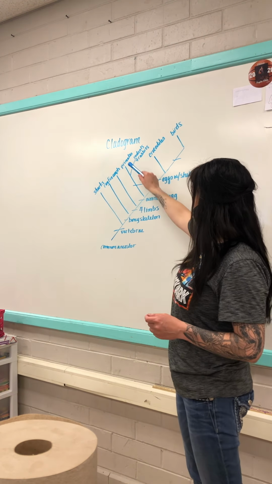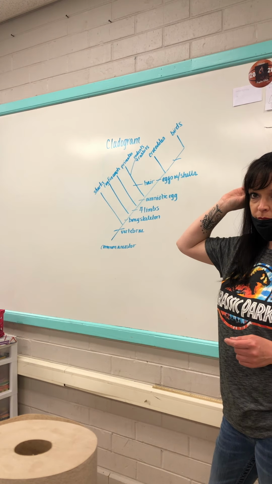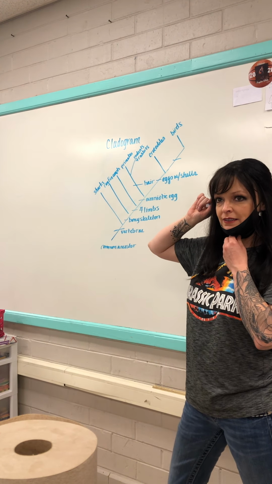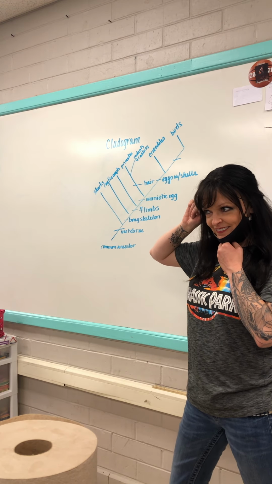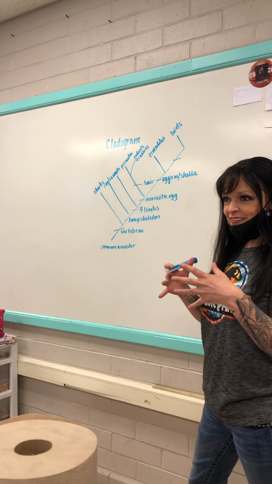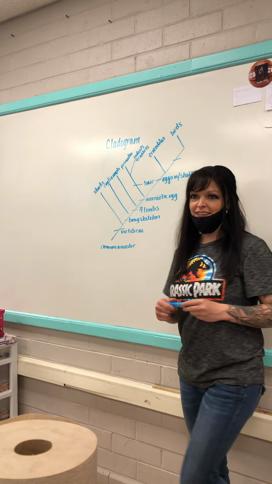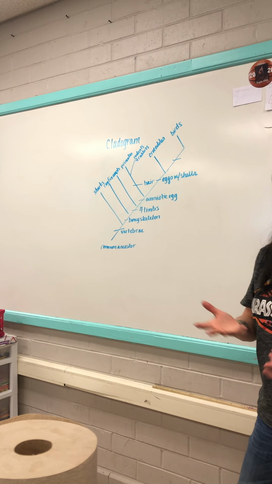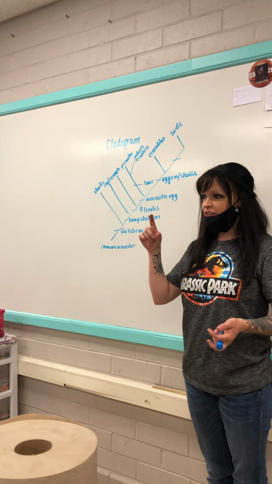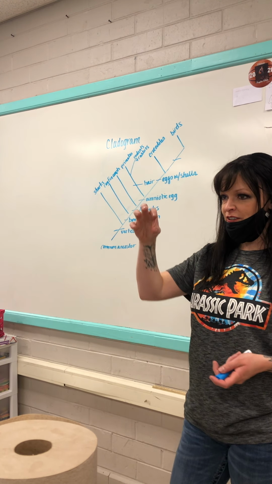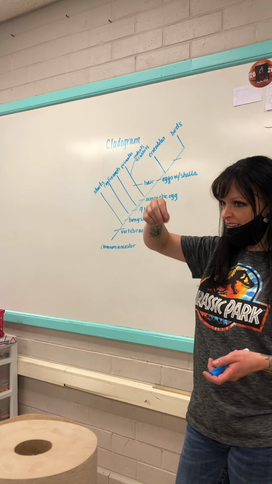Do we have eggs? No, we have an amniotic what? It's called an amniotic sac. I feel that it's basically like the eggshell. Have you ever dissolved an eggshell in vinegar? You can dissolve an eggshell in vinegar and it'll leave the little sac that the egg is in.